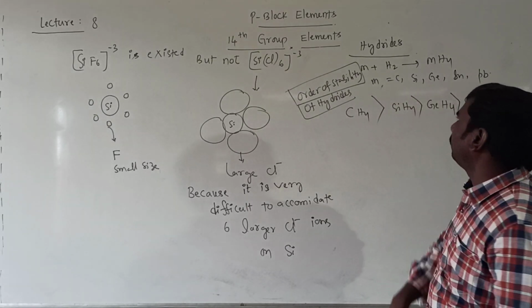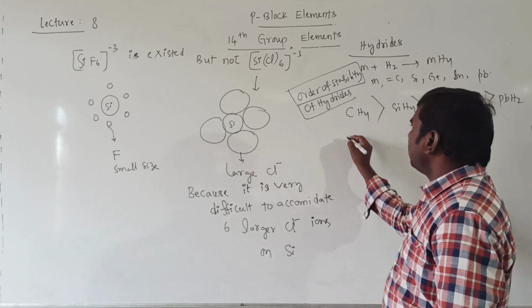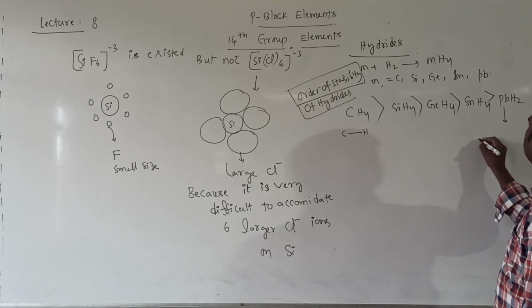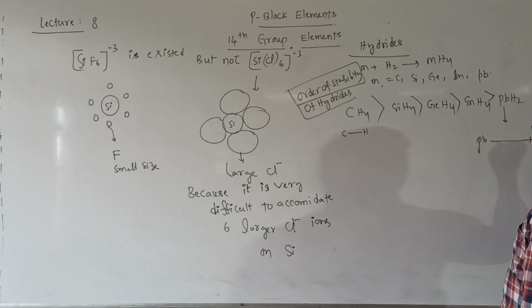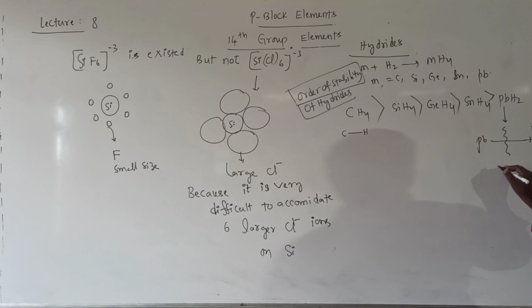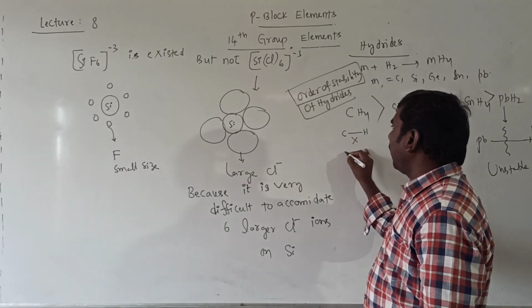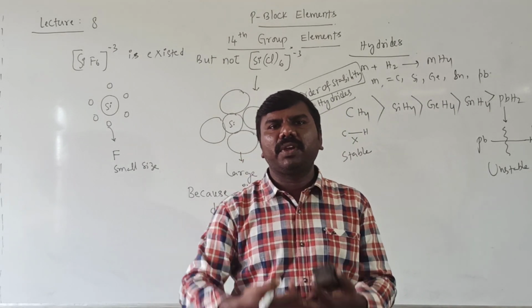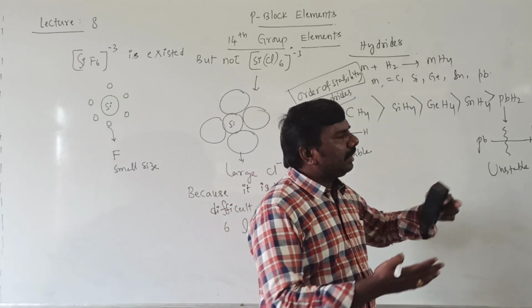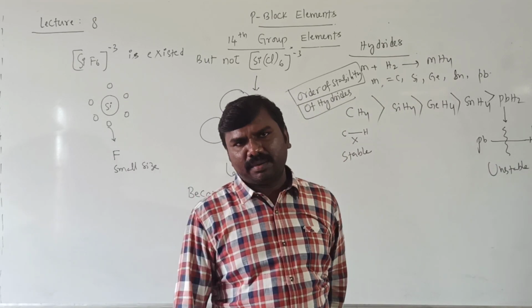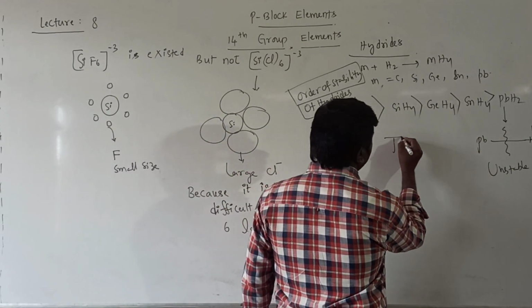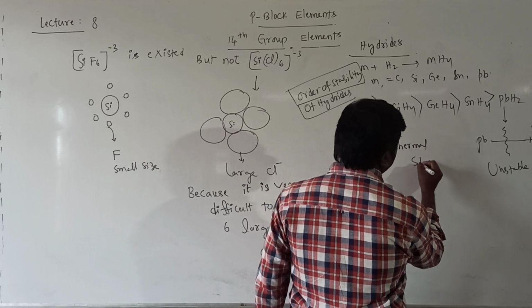This is the order of stability, because the CH bond in methane is smaller than in PbH2. It is large. Easy to break, unstable because decomposition is there. Difficult to break, stable because bond length is less, bond is stronger. Difficult to break, more stable. Bond length is more, easy to break, unstable. Thermal stability, the order of stability is also called thermal stability.